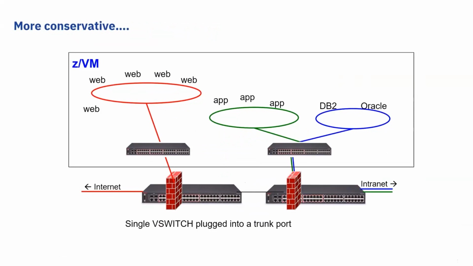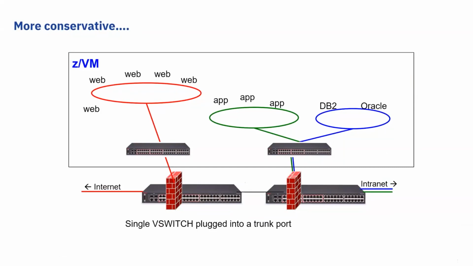You just made a stupid error and now you've got internet traffic running around inside your intranet. Bad, right? So this is a case where I might have 4 OSA ports. I'll have 2 OSA ports handling the red traffic and 2 OSA ports handling the green and the blue traffic. Internet traffic on one, intranet traffic on the other.